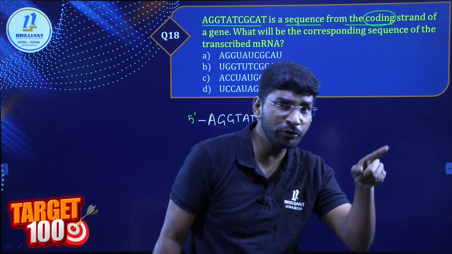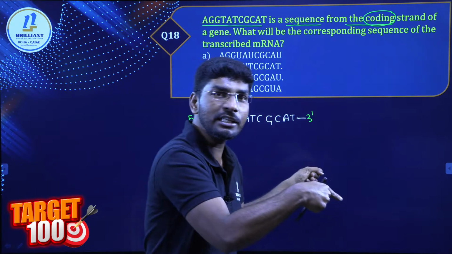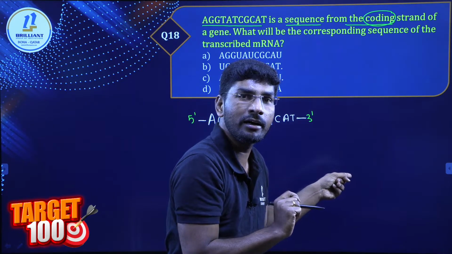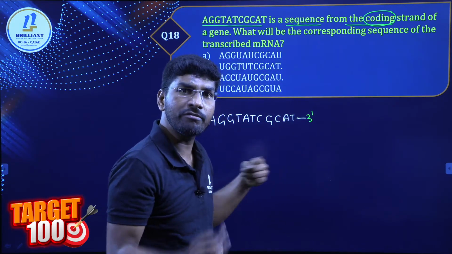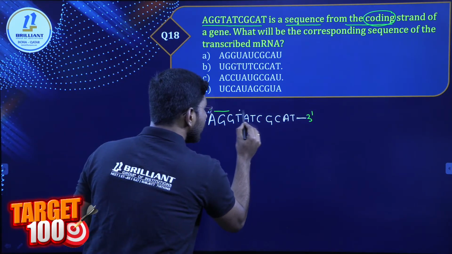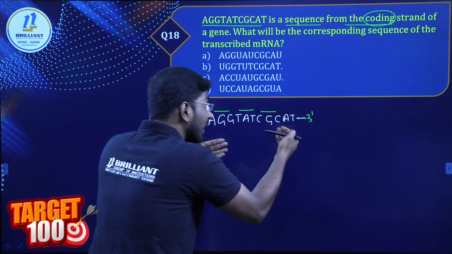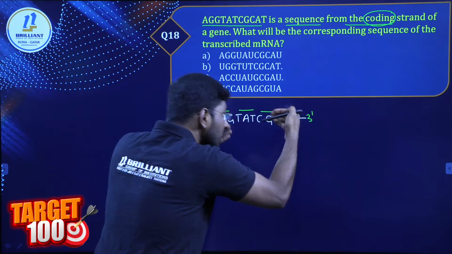No, sir, it is coding. We need this one. To get this, we should transcribe the template, right? What did I say? This is coding. We need this codon: AUGG, TAT, CGC. This I need. So to get these codons, I should transcribe.